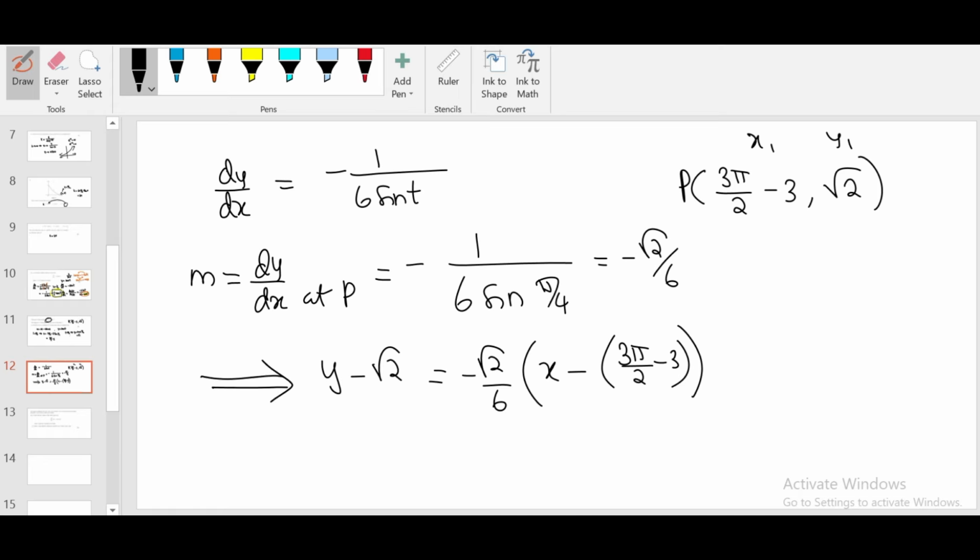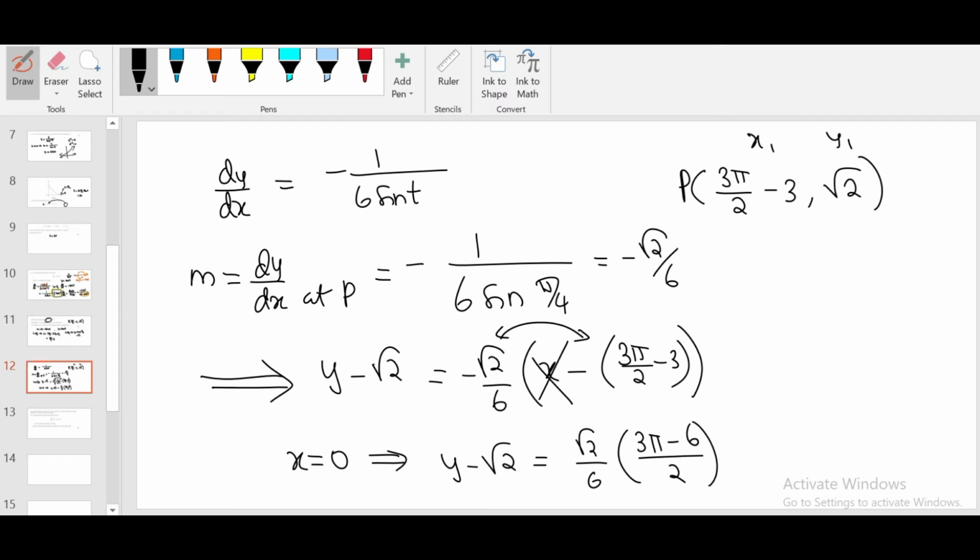To find the y-intercept, you can straight away replace x by 0 and make y the subject. So when you replace x by 0, you will get y minus root 2 is equal to, when you multiply these two, it becomes positive root 2 over 6 times, I'm going to combine it to a single fraction, 3 pi minus 6 divided by 2.